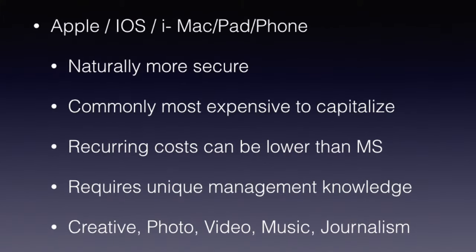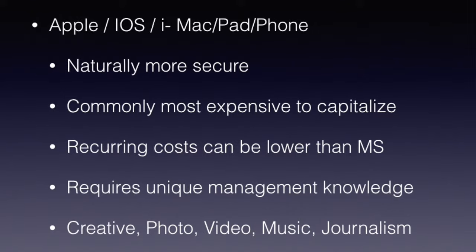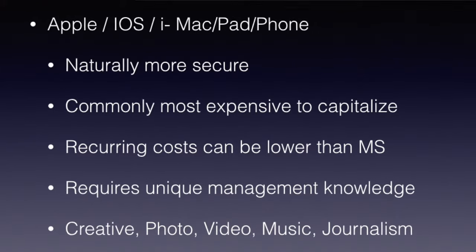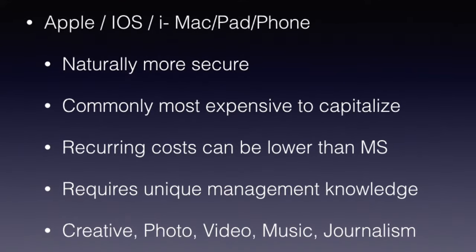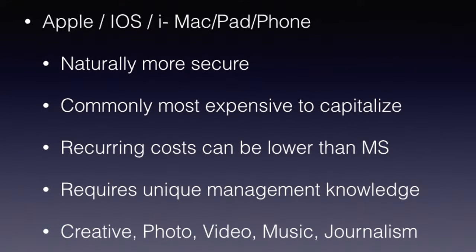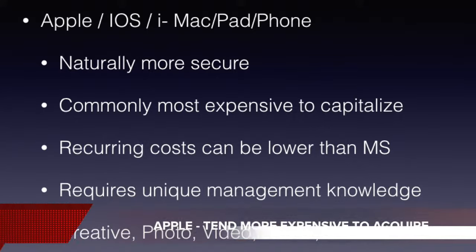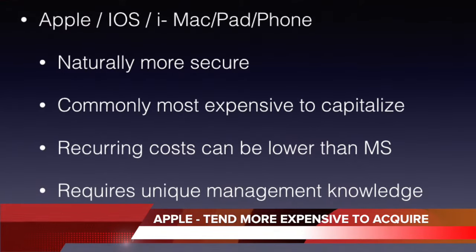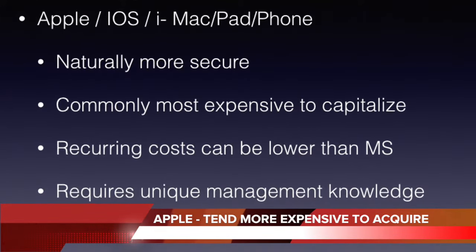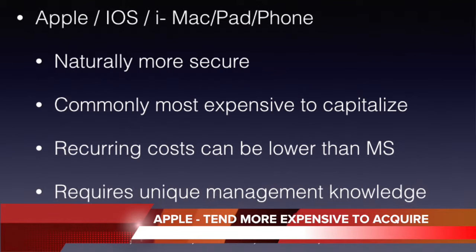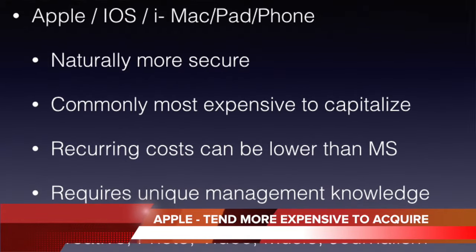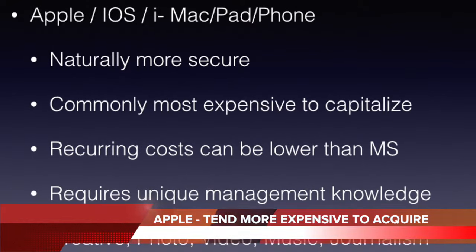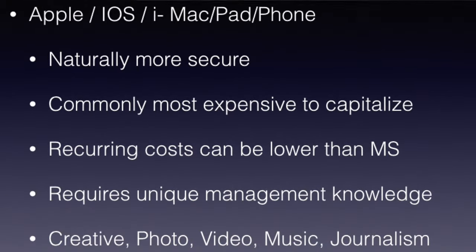Google is inherently pretty safe because it's browser based and you can be pretty secure inside the browser if you have good common practices with passwords. But Apple tends to be most expensive to capitalize. Their equipment is bought at a premium. The recurring costs can be lower because sometimes it seems like Mac appliances have a longer lifespan. And that's a real positive.